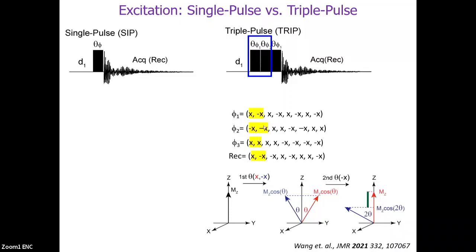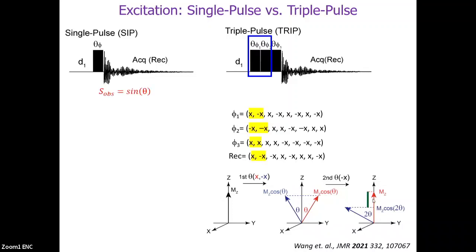For the second scan, we use the same phase for the first two pulses. This time, the Z magnetization will be scaled by cosine 2 theta. By using opposite receiving phase, we subtract the first and the second scan, which results in a net scaled magnetization, as shown by the green line here.